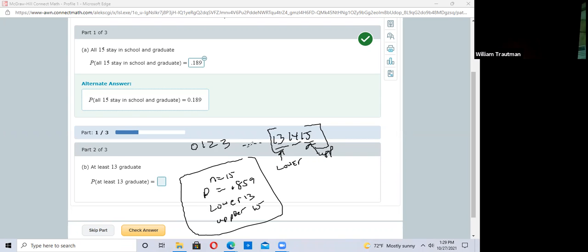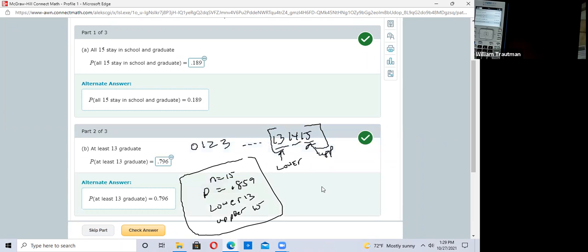The lower boundary, type in 13. The upper boundary, type in 15. Hit OK. And we should get 0.796. I get 0.796. And we got it correct.